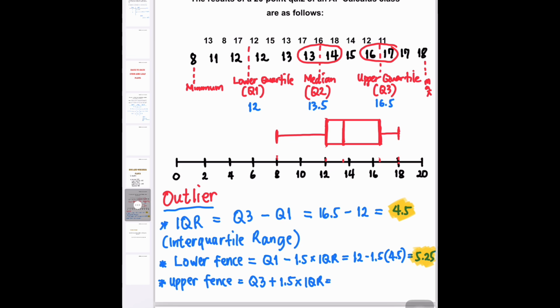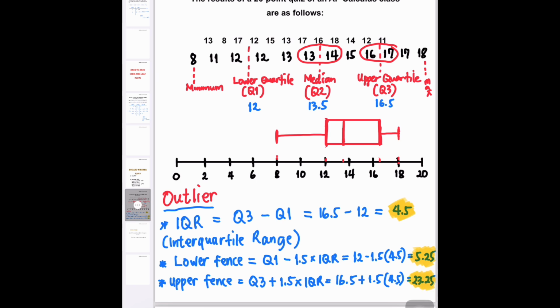Upper fence, so Q3, or the third quartile, which is 16.5, plus 1.5 times the IQR of 4.5. That will be equal to 23.25.